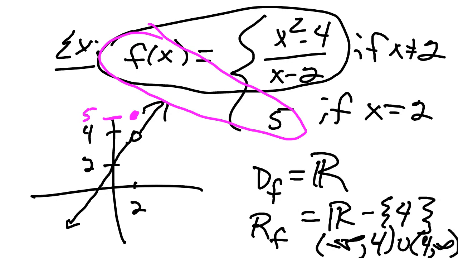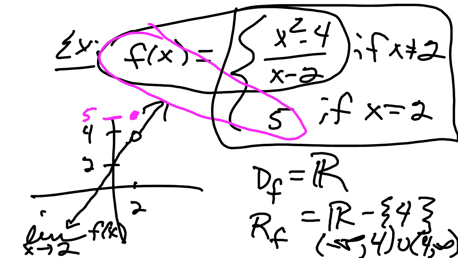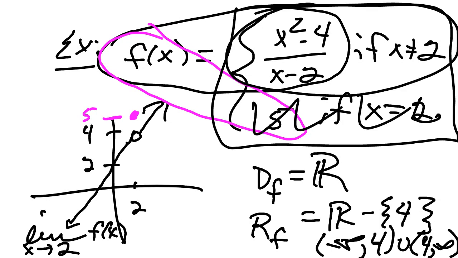But anyway, in this case, the question would be, what is the limit as x approaches 2 of f of x? Well, f of x is this split function here, but as I approach 2, I'm not touching it, so I'm not really worried about that. It just becomes this.